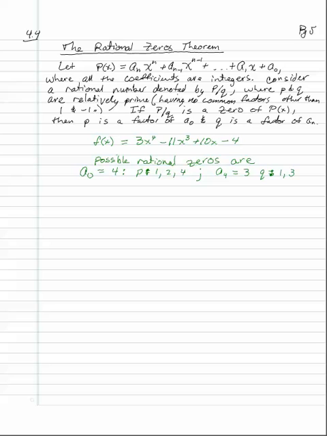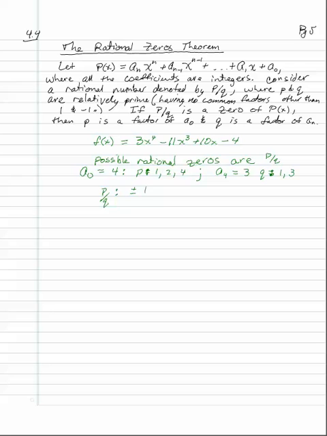So our possible rational zeros are p over q, where p could be 1, 2, and 4, and q could be 1 and 3. And you do plus and minus. So p over q could be plus or minus.